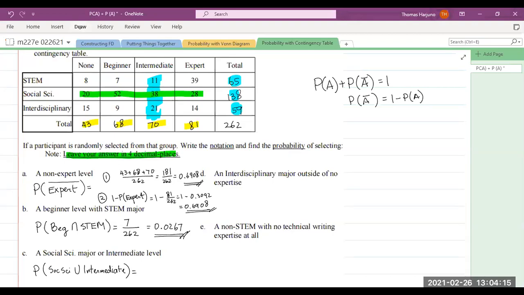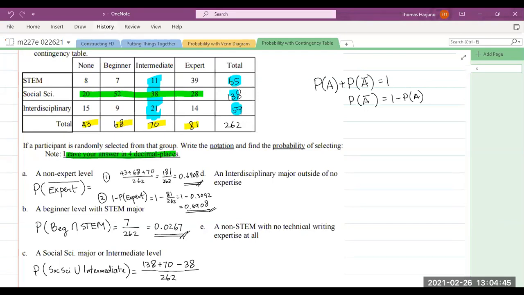Okay, so the proper way to do that is actually the following. How many social science people? 138. How many people with intermediate level expertise? There are 70. How many people double counted? 38. So I subtract that once so that we count it only once over 262. That's how we will do it.